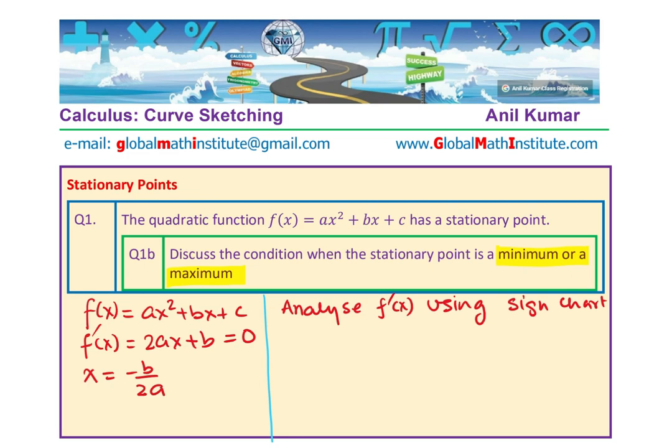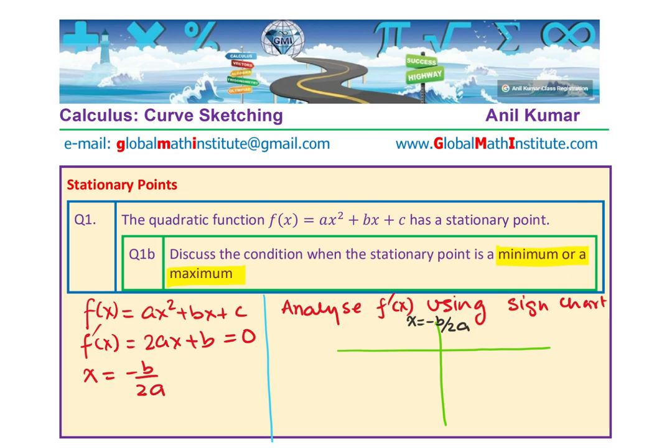So in this case, the point is at minus b by 2a, right? So let's make a chart where we will analyze what happens on either side of x equals minus b by 2a. The critical number, which is a stationary point here, is minus b by 2a.